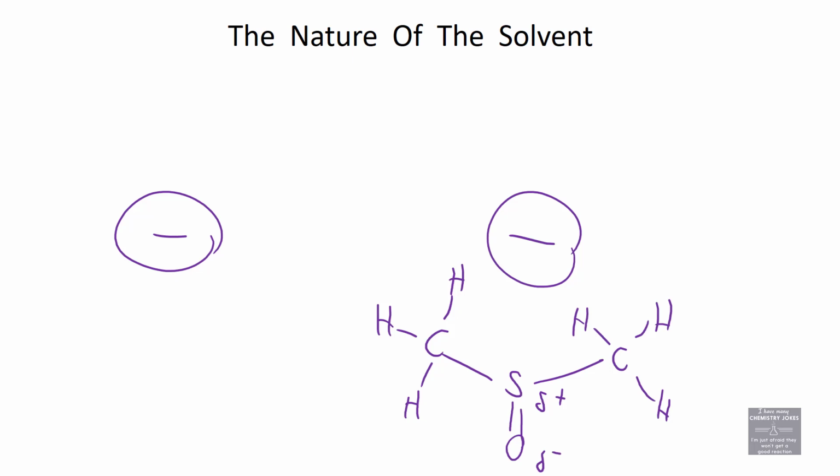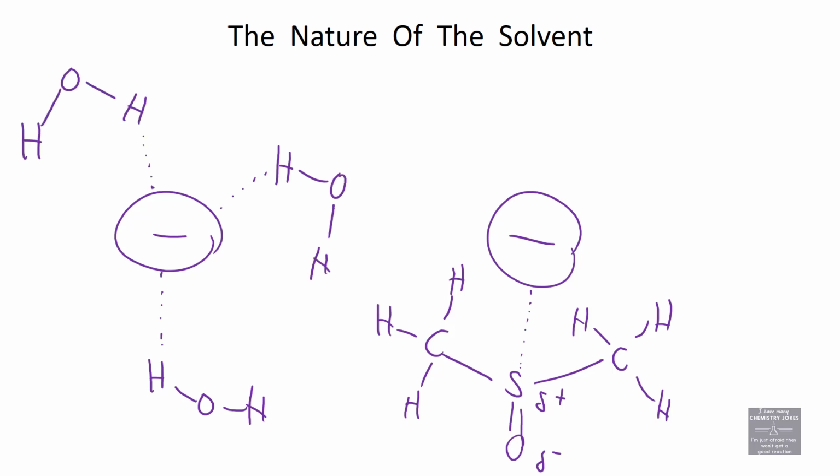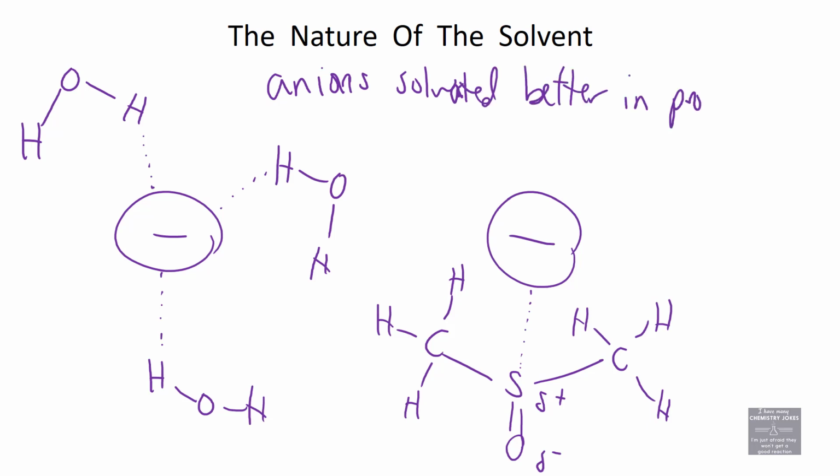You cannot really make a good dot, dot, dot bond between a minus charge and a partial positive in an aprotic solvent, but you can do that in protic solvents because they all have hydrogen bonding ability. Remember, that's what separates protic from aprotic. So cations are solvated the same regardless of the solvent. Anions are solvated better in protic solvents.